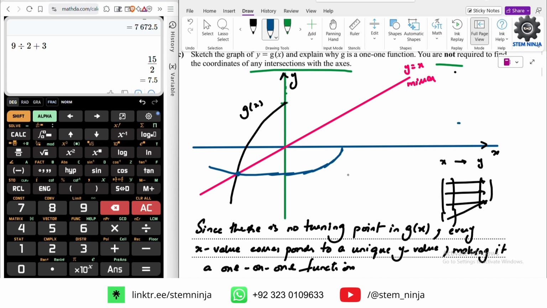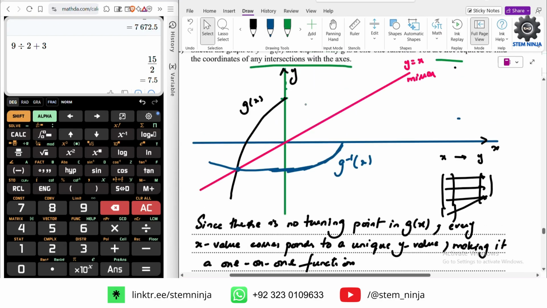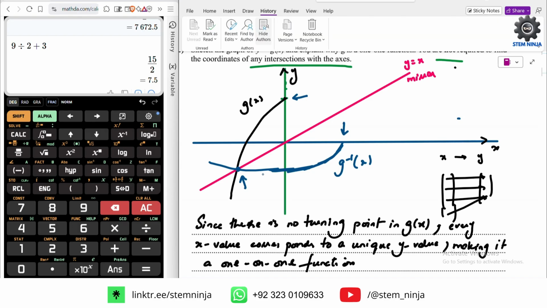Somewhat like this. Yeah, so this is your g inverse of x. Just a little bit of curve over here. So this point over here would correspond to this point, and there's an obvious intersecting point over here.